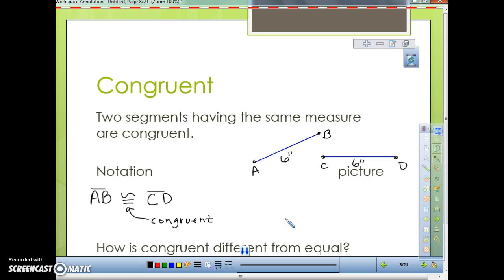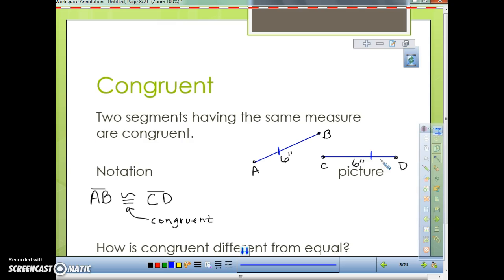Most of the time in our textbook or maybe on a test question, it's important to know what it is, but they just want to convey to you that they're the same measurement. Put a little tick mark on the segment. If there's another set of congruent segments, they'll put 2 little tick marks.